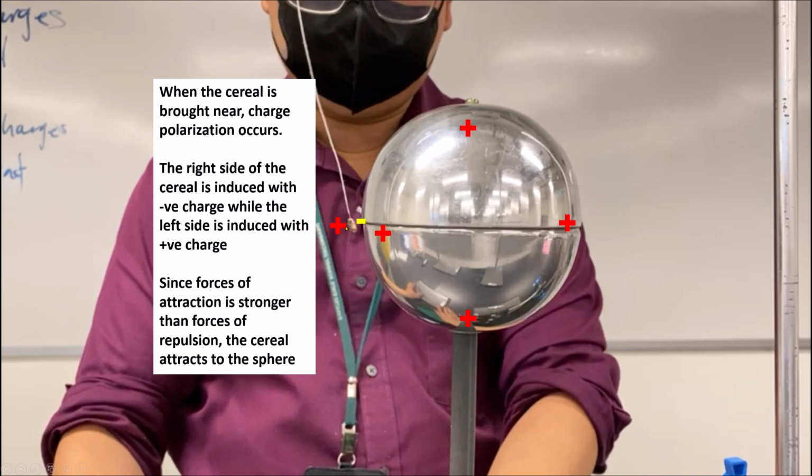And the left side of the cereal is induced with a positive charge. This is due to charge polarization, which we talked about previously. Now, since the force of attraction is stronger than the force of repulsion, given that the negative charge side is closer to the positive charge, therefore the cereal is attracted to the sphere. And that's how we can charge up a single conductor.